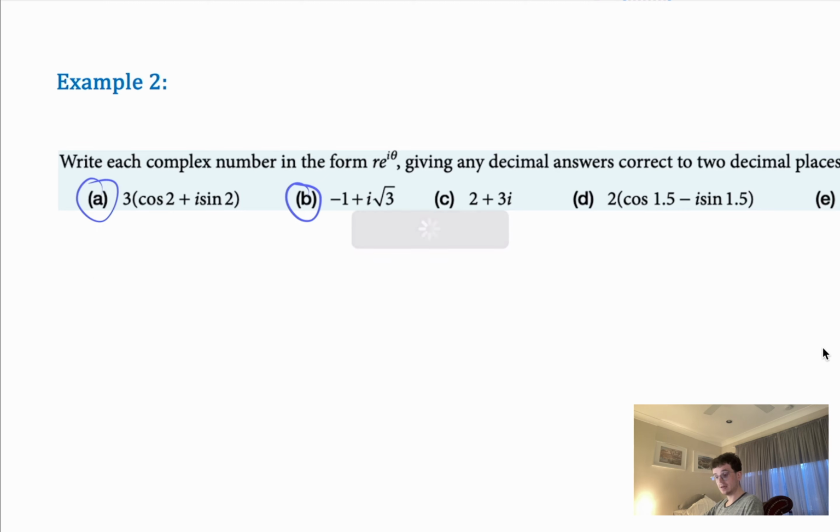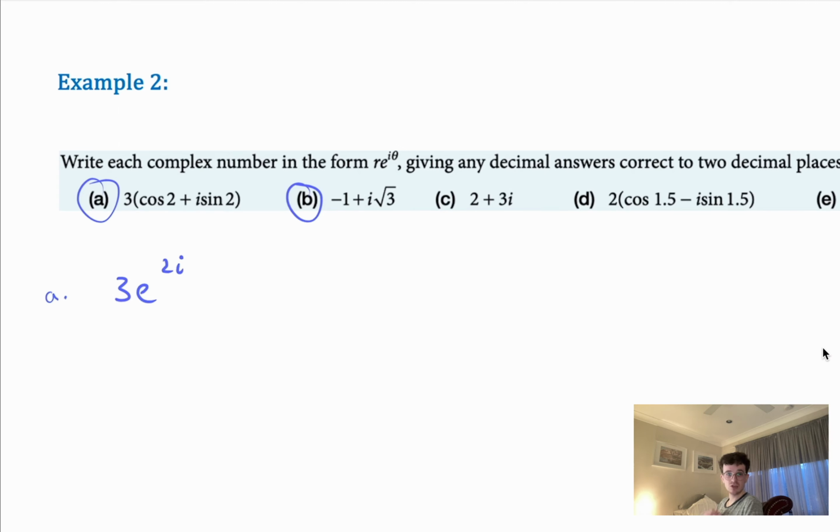I'm thinking of it more as a vector. We're actually told that the angle just in here is 2, so 2 radians, and we can just say it's 3 e to the 2i. It's a really weird way of saying the angle is 2. It just means 2 radians. It stumped me there. But yeah, we're just going to say e to the 2i, so that angle inside there is 2.